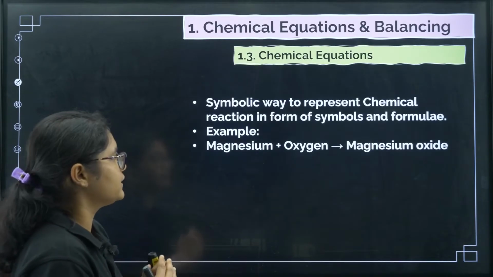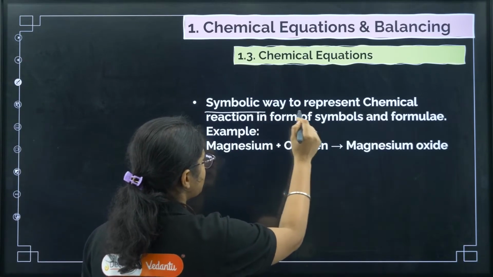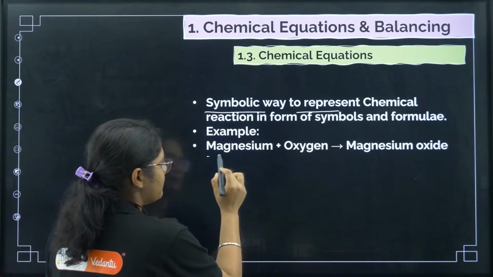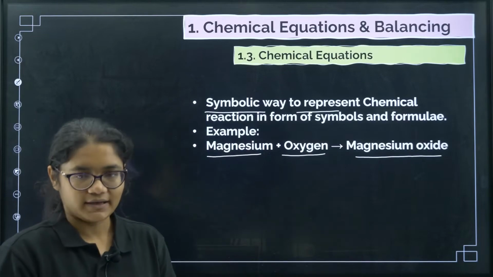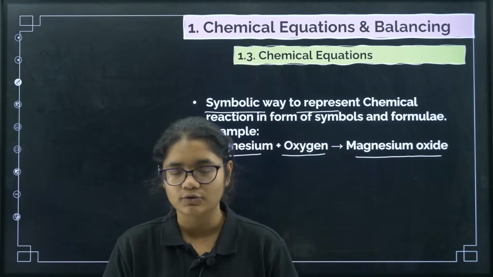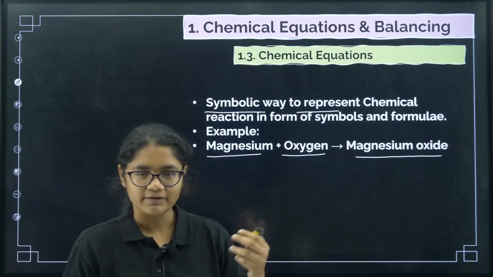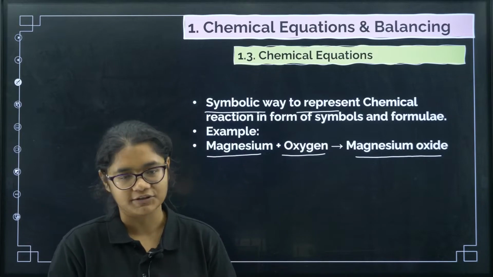Now coming to 1.3, that is chemical equation. What do you mean by chemical equation? It is a symbolic way to represent a chemical reaction. For example, I say that magnesium reacts with oxygen to give magnesium oxide. Writing this is very difficult, as we need to write such big words, but there is a simplified version of that.